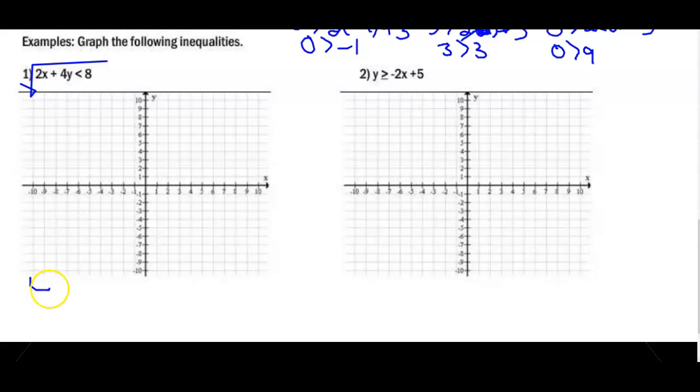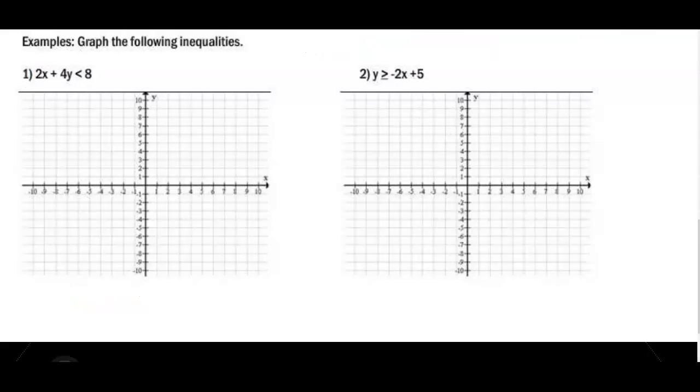So I'm going to take 4y less than negative 2x, and then we're going to divide both sides by 4.